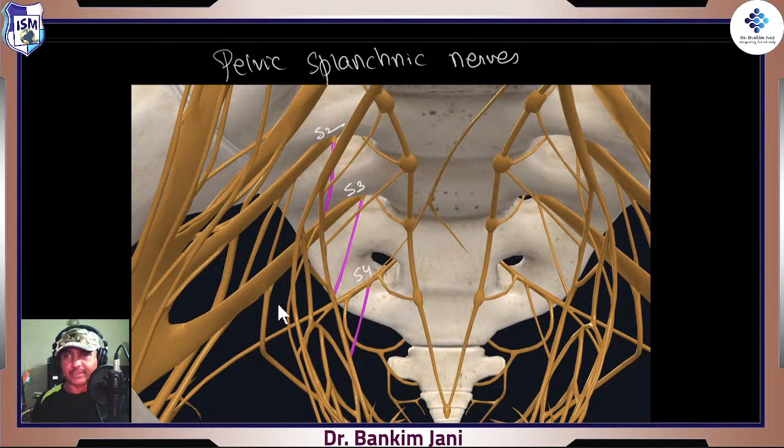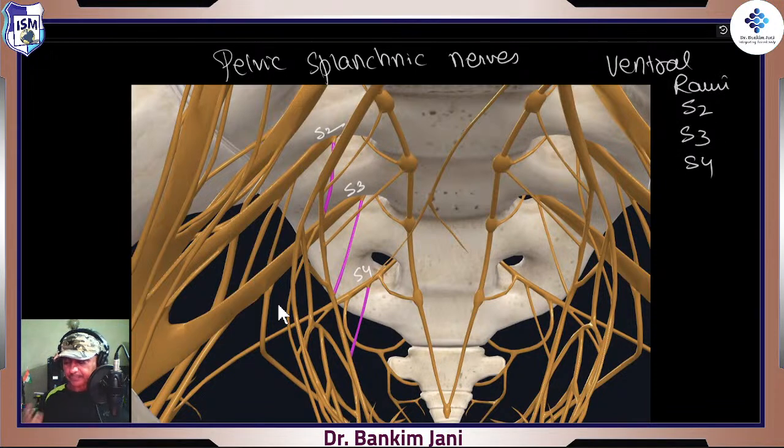S2, S3, S4. Ventral rami, right? We know that now. Ventral rami, S2, S3, S4. We talked about this pelvic splanchnic slightly before that, right? When we were talking about the nerve supplies.